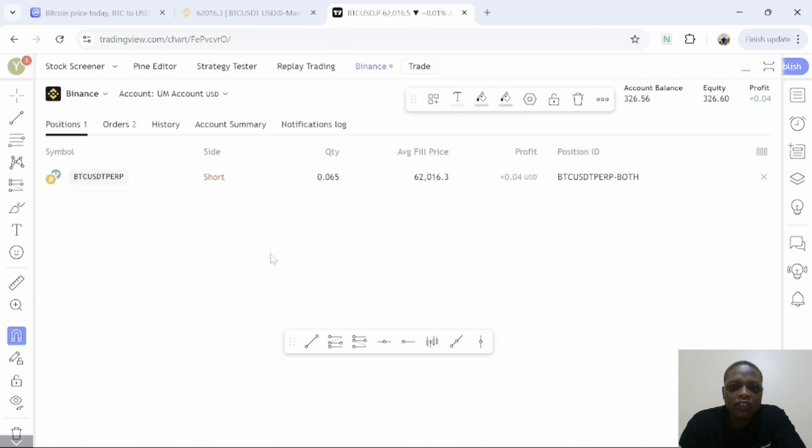But if the trade doesn't go well and Bitcoin goes to $62,164, then we will lose $9. So meaning we are risking $9 to make $29. We are risking $9 to make over three times the money that we are risking. That's how trading should be.